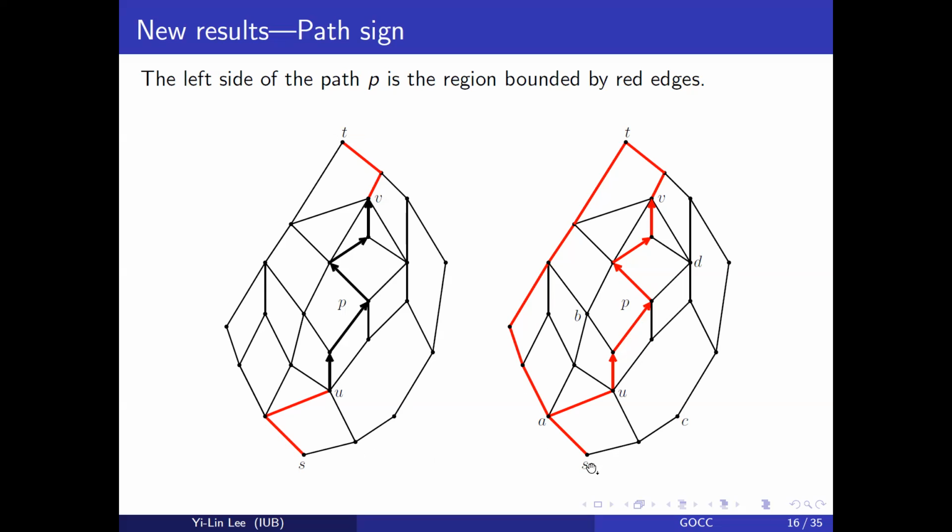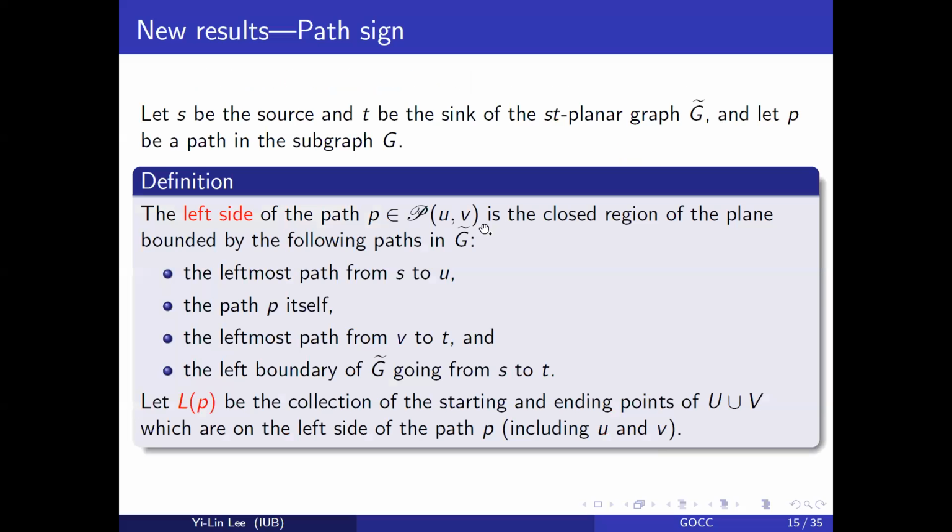So on the right picture, the left side of the path is the region bounded by those red edges. Okay, and then we let L of P be the collection of the starting and ending points which are on the left side of the path, which includes U and V.